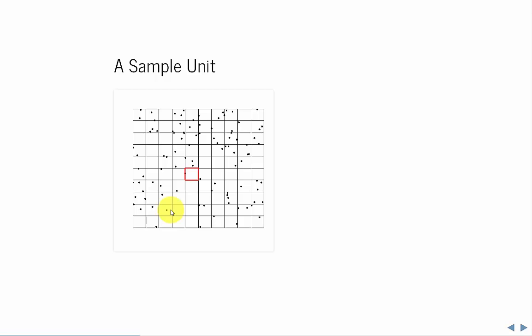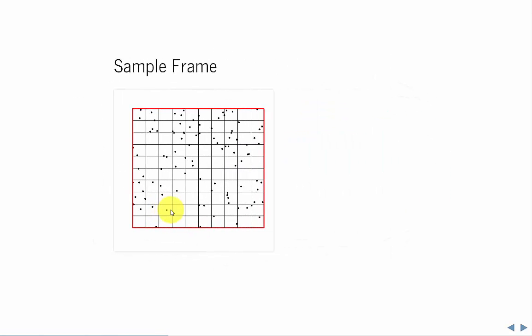In this case, all the sample units are the same size, but that's not necessary. We can also refer to the sample frame, which is the total collection of sample units that we use. In the easiest case, the sample frame and the target population are identical.